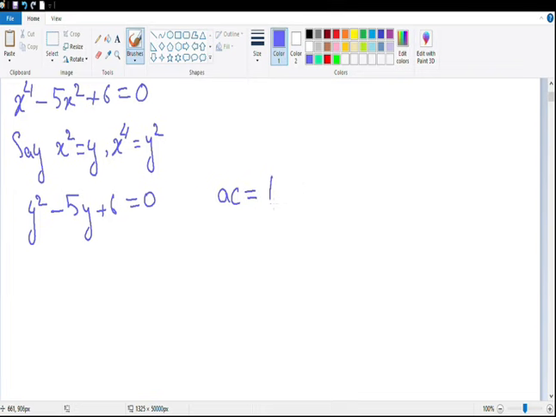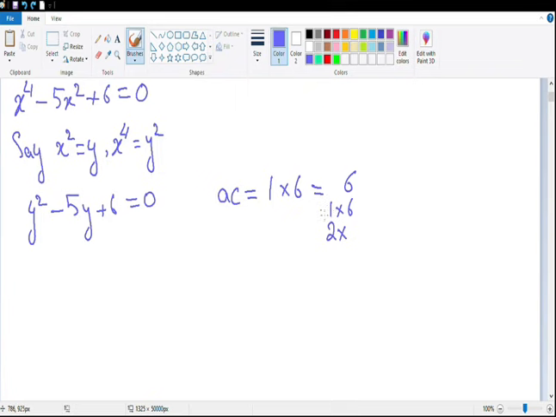is equal to 1 multiplied by 6, which is 6. Factors of 6 are 1 into 6 and 2 into 3. We know here that there's a positive number as a product, but a negative one as b. b is negative.